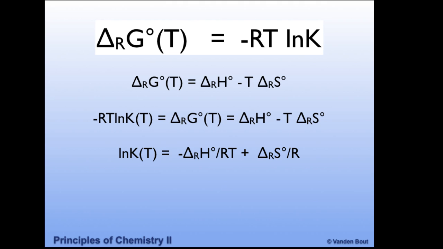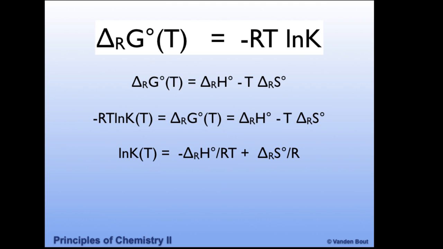That's equal to delta G, which is equal to delta H minus T delta S. And now isolating the part we care about, the natural log of K is minus delta H over RT plus delta S over R. You can see the temperature that used to be multiplied by the entropy term has gone away because we divided both sides of the equation by minus RT.